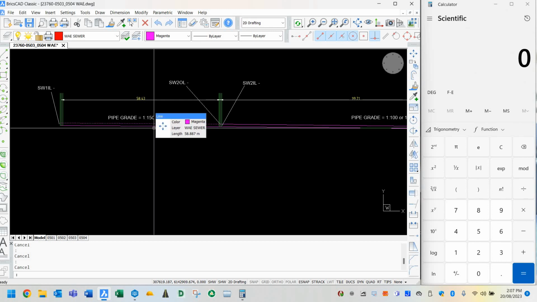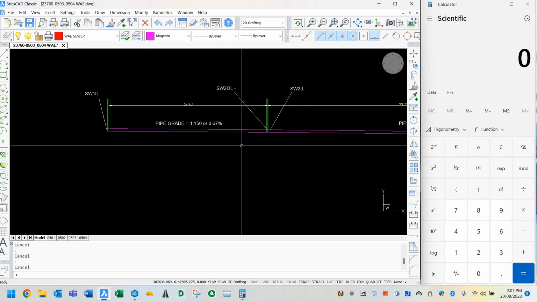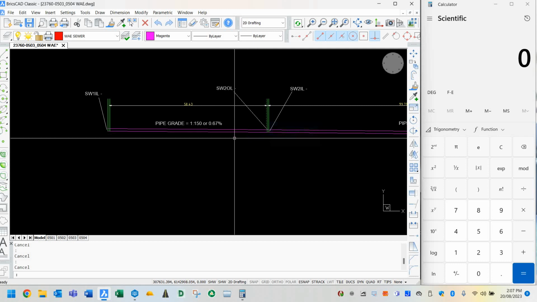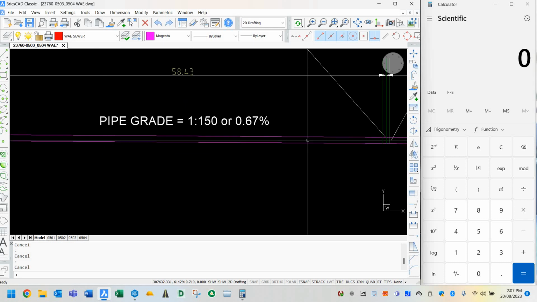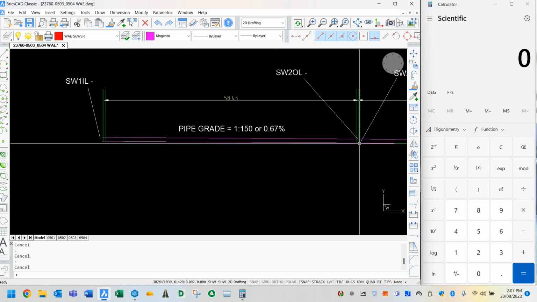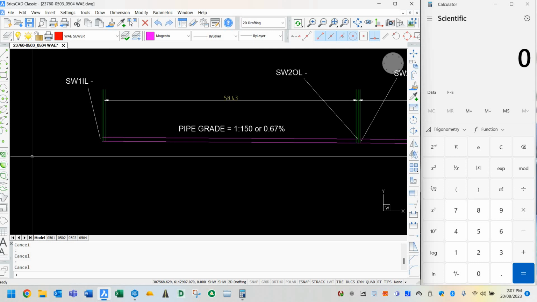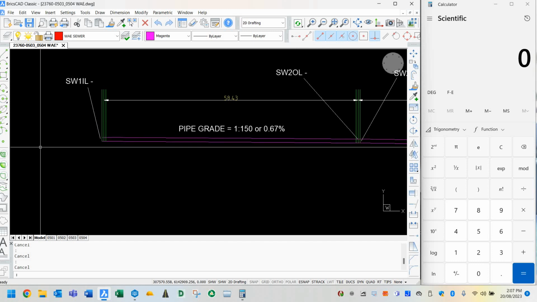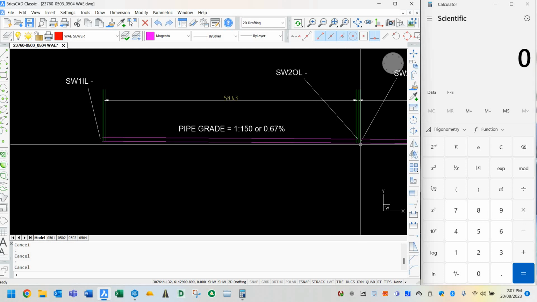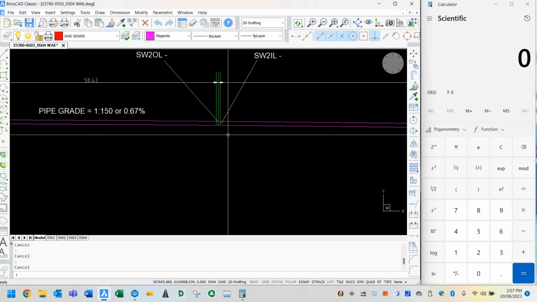To put this into perspective, the ratio is saying that over 150 meters of horizontal distance, you'll have a change in elevation of 1 meter. So from this point, if you had a line going horizontally for 150 meters, the level at the other end compared to this one would be a 1 meter difference.